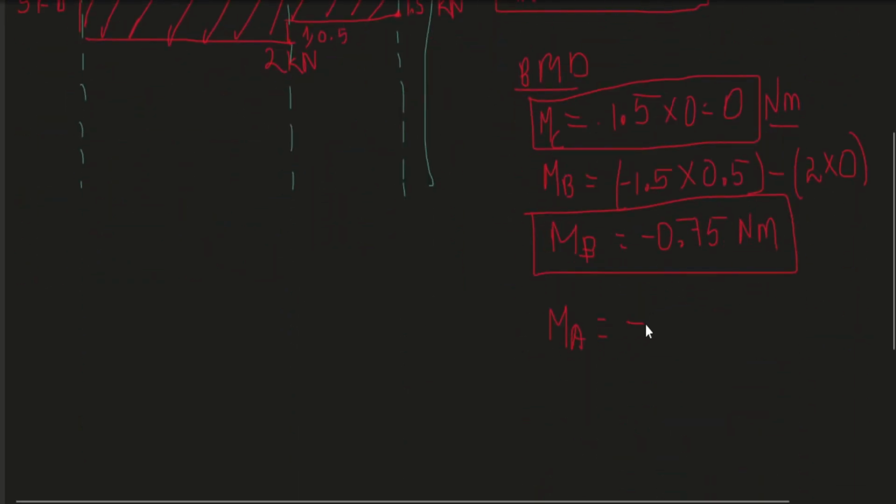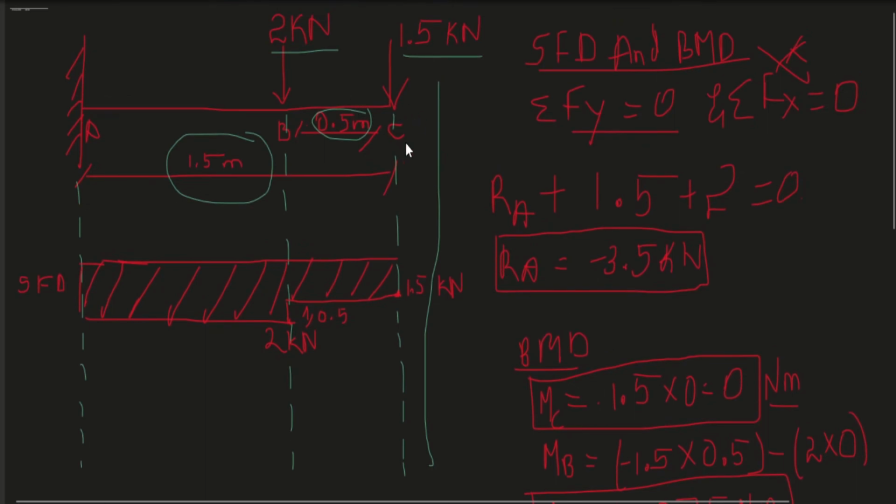So I'll get minus 1.5 into 1.5. The force at B is 2, and the distance left is 1 meter, because the whole thing is 1.5 and this one is 0.5, so 1.5 minus 0.5 gives 1 meter.